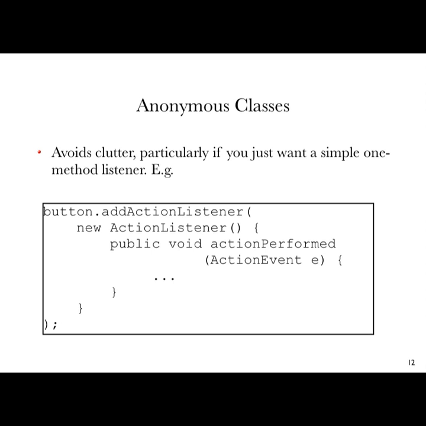It's creating a new object of that class in there, and specifying how that's overridden. So it's like creating a new subclass of that, but without giving it any kind of specific name or anything.